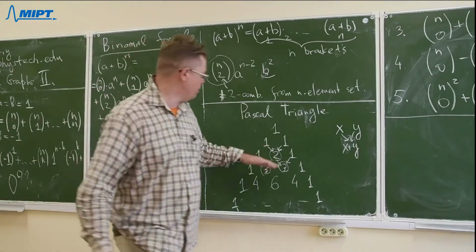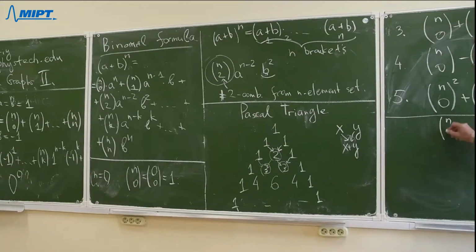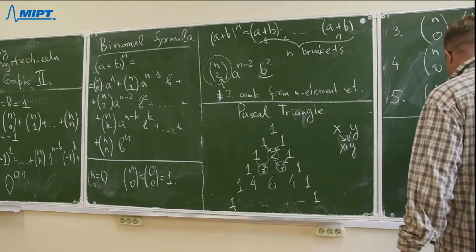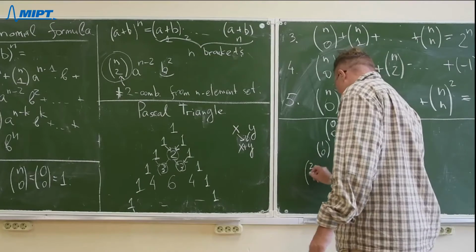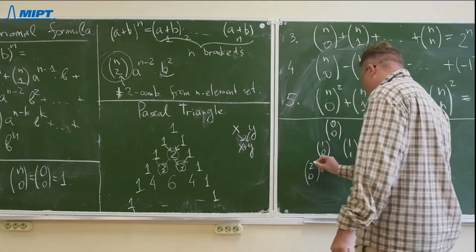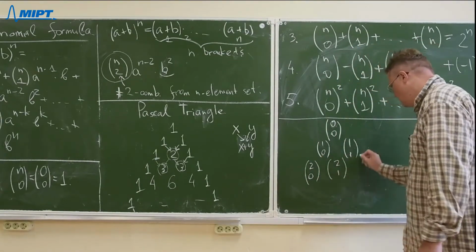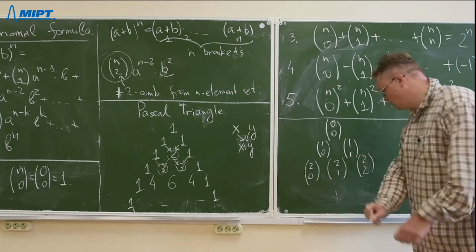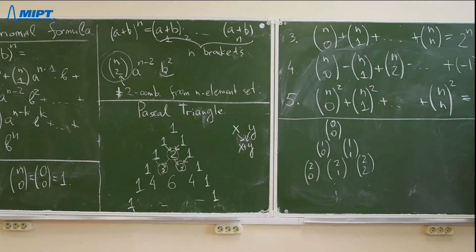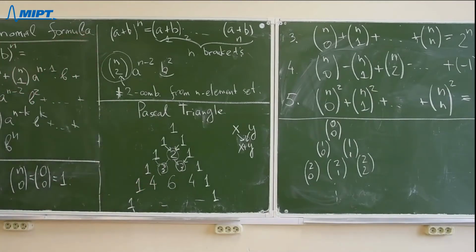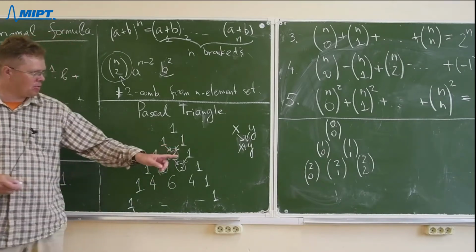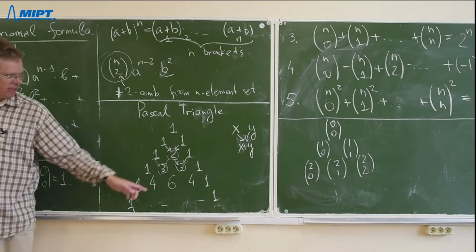So we can write the Pascal triangle as 0 choose 0, 1 choose 0, 1 choose 1, 2 choose 0, 2 choose 1, 2 choose 2, and so on. Do you understand how to prove that this triangle is exactly the number of possible combinations?